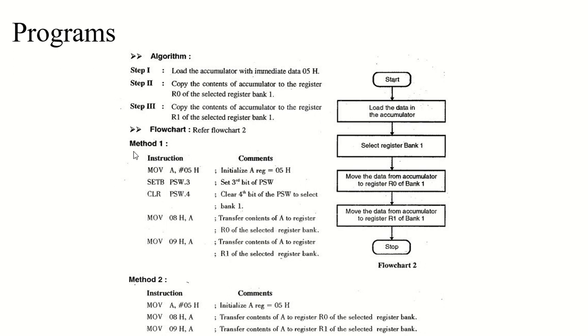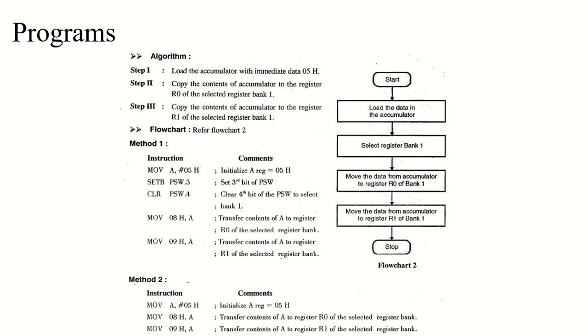Then we will use MOV 08H, A, which will transfer the content of accumulator to register R0 of the selected register bank. In the same way we will use MOV 09H, A, which will transfer the content of accumulator A to register R1 of the selected bank. So that was our second program, pretty simple.